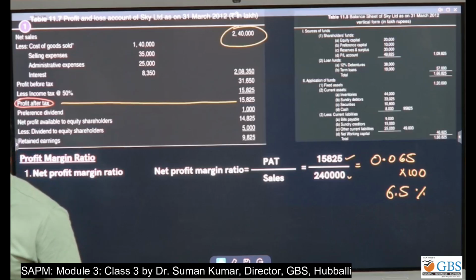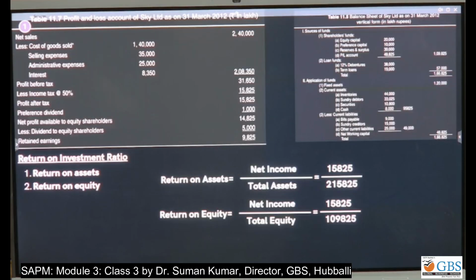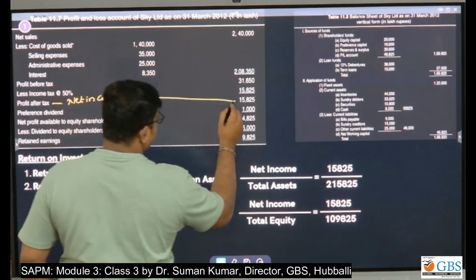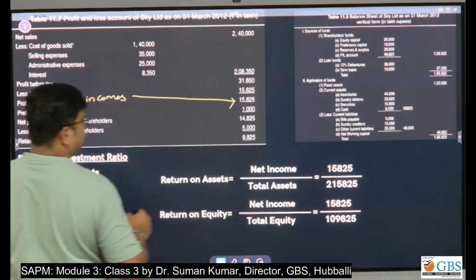Is it clear? Okay, return on assets: net income divided by total assets. So net income, that is profit after tax. What is net income? Profit after tax. This is net income, that is 15,825, right?